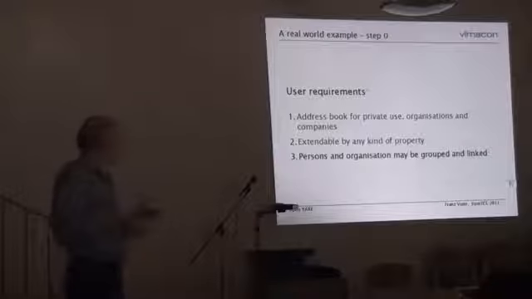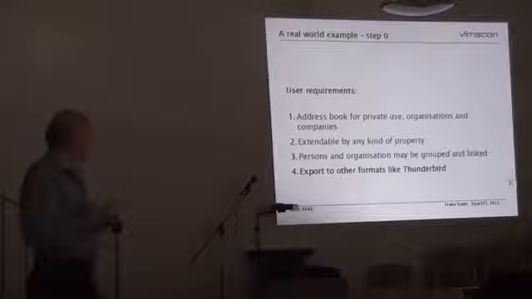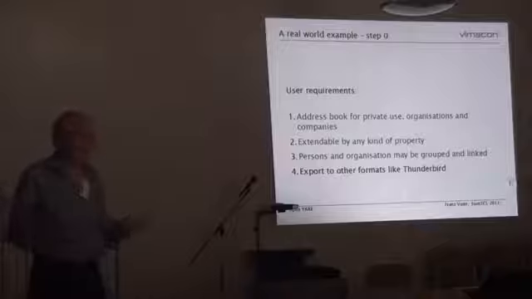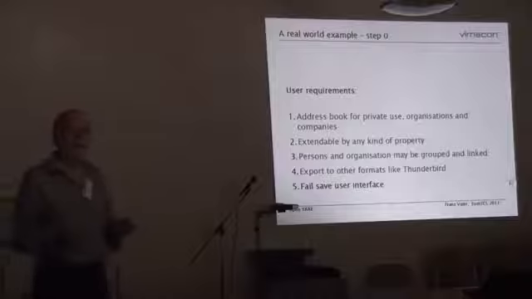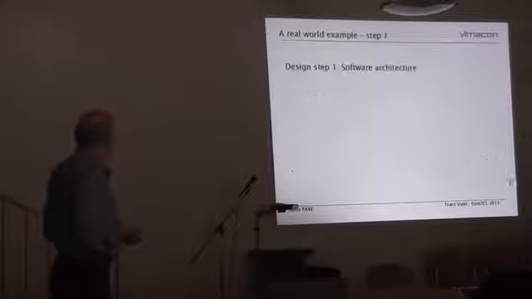Persons and organizations should be grouped and linked. And it should be able to export to other formats like Thunderbird, address book, or whatever. And it should have a user interface. And the task is to do all that within, let's say, 1 hour.